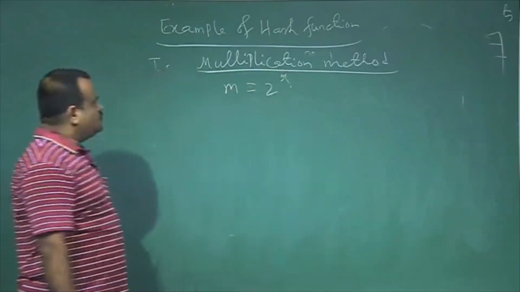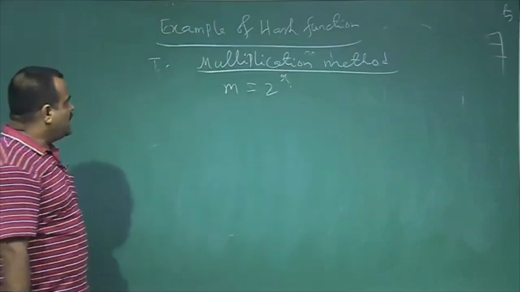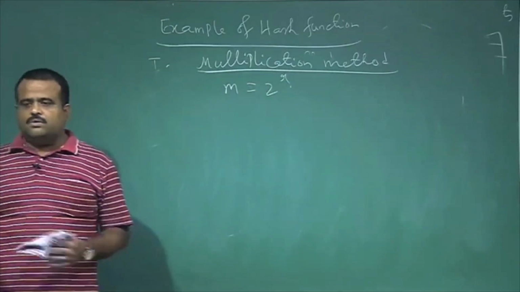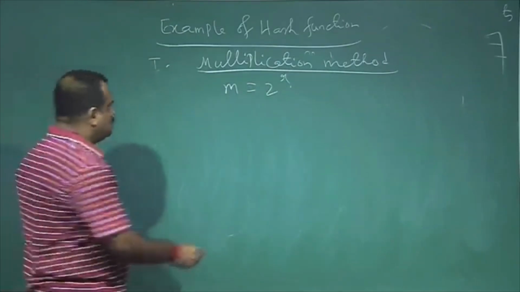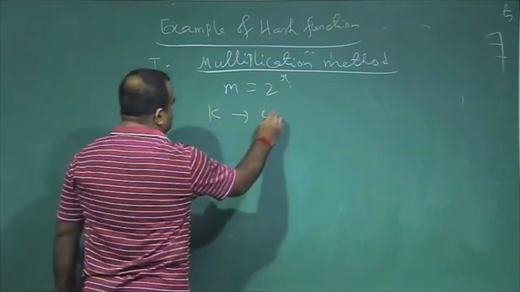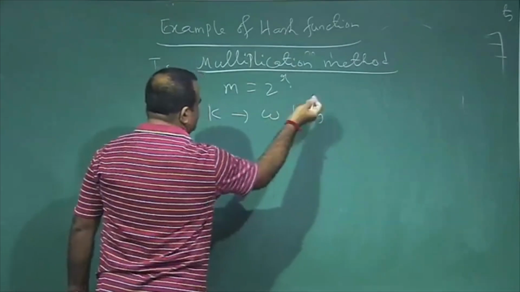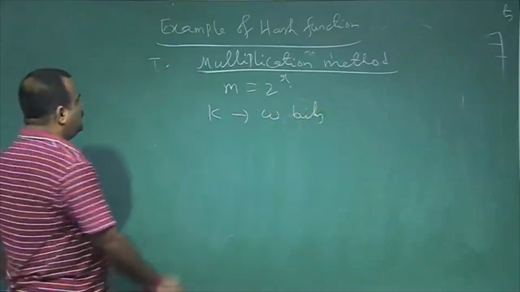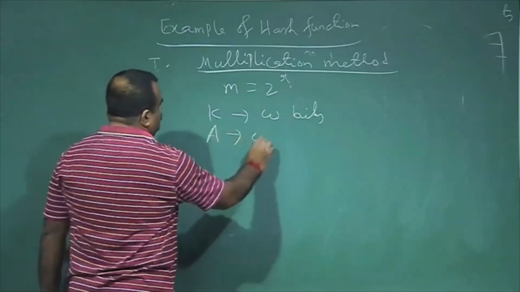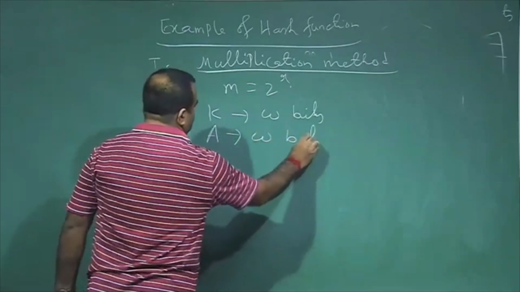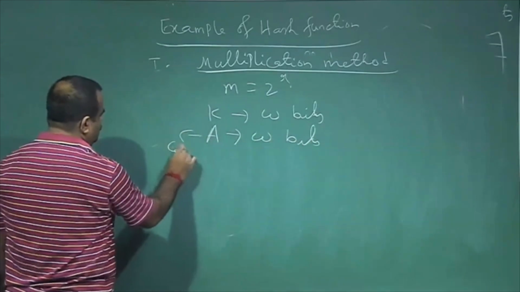And suppose our computer words are w bit, so our key is w binary bits. Now, we choose a constant a, which is also w bit. So, this is a constant we are choosing.